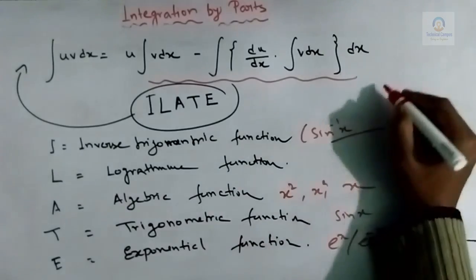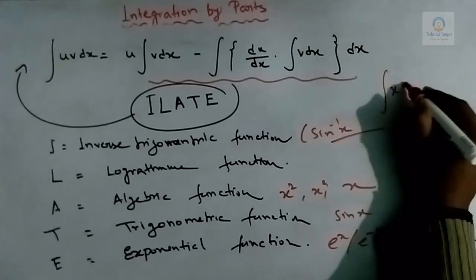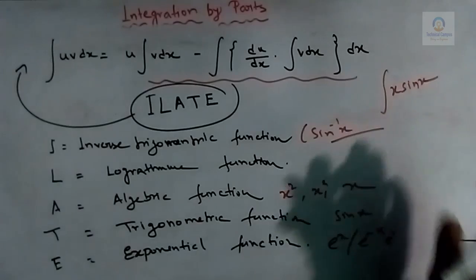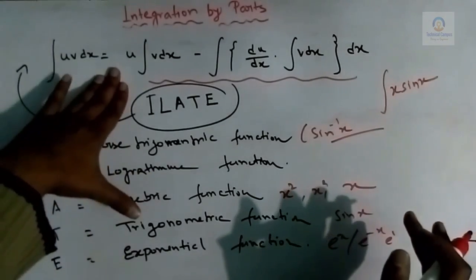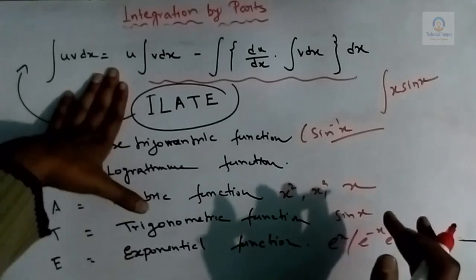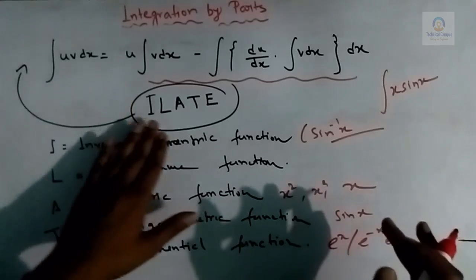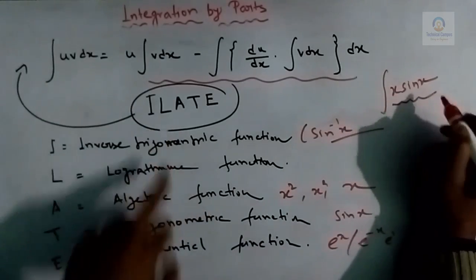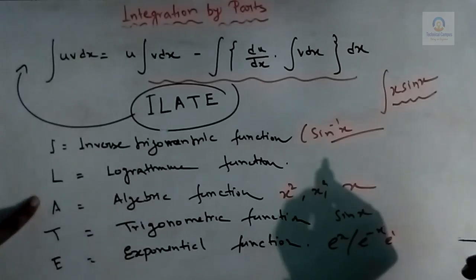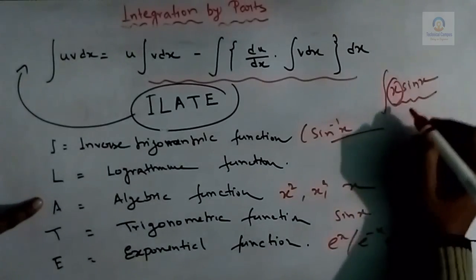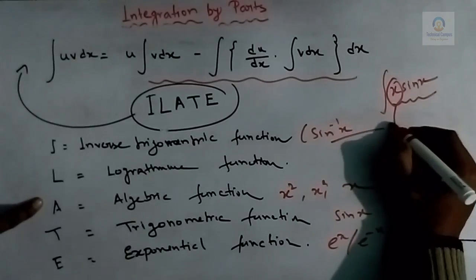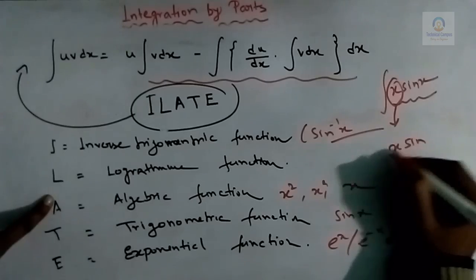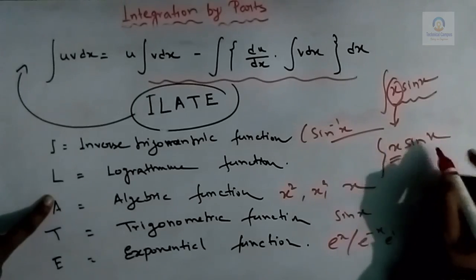Suppose we want to calculate the integration of the product of the functions x into sin x. According to the rule of LIATE, we choose as the first function the one which comes first in LIATE. In this integration, we consider the algebraic function x as the first function, because this product x into sin x contains two functions: one is algebraic, another is trigonometric.